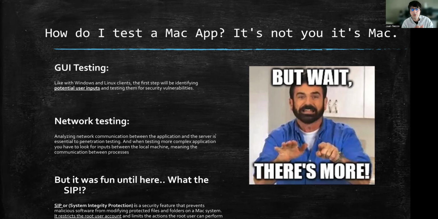And then of course it will also prevent you from doing code injection. Well, you cannot attach a debugger and execute code, but you can also not do code injection if SIP is enabled and the application has been compiled using hardened runtime.